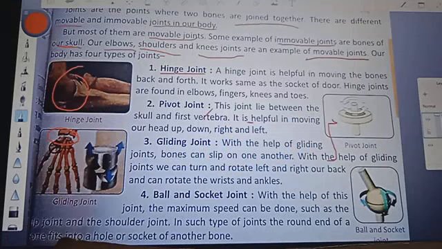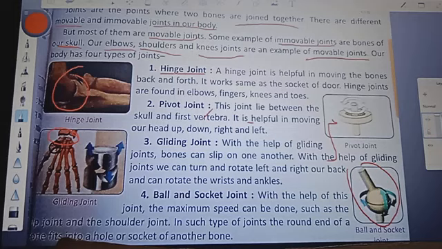Then the next one is the ball and socket joint. With the help of this joint, the maximum movement can be done, such as in the hip joint and the shoulder joint. In such types of joints, the round end of one bone fits into the hole or socket of another bone.